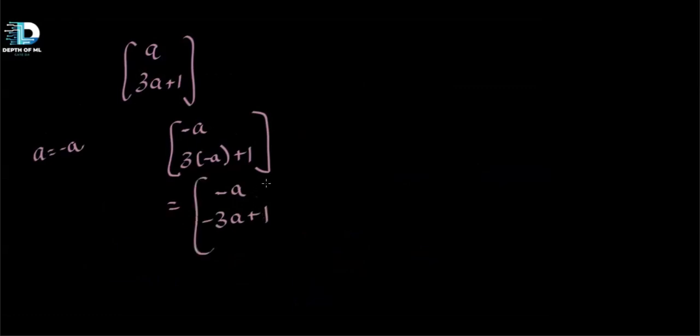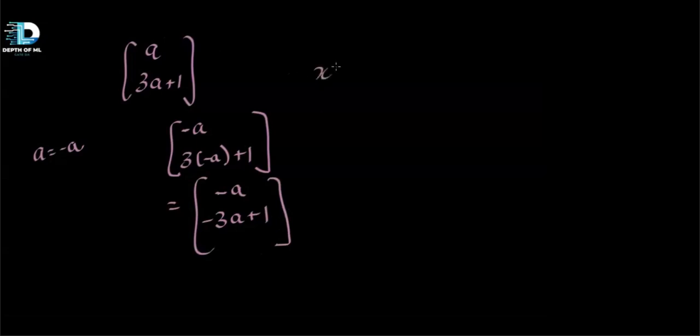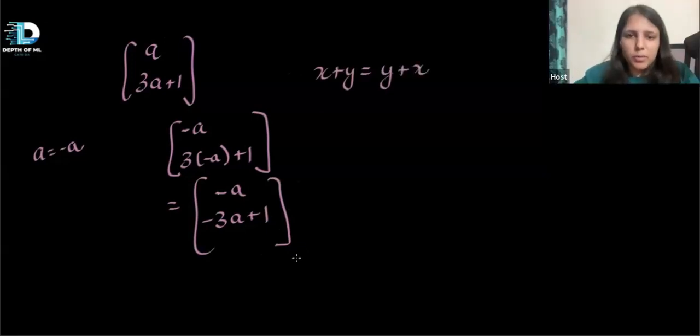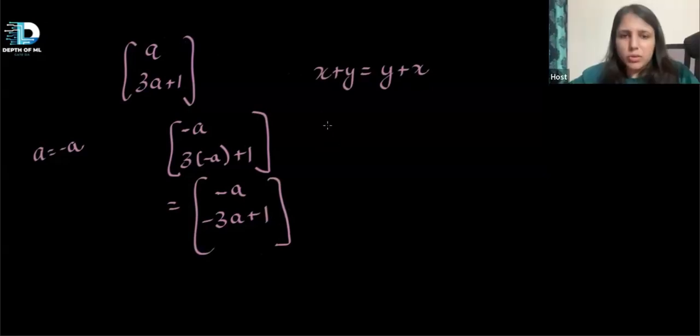Ma'am, could you please help me with this vector satisfying the commutative property? I don't remember the names of the properties very honestly. Can you tell me what it is? Yeah. x plus y is equal to y plus x. How to check this property with this vector? So you can take any two vectors of this form. I'll take a to be 1.